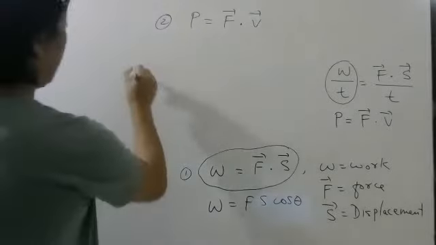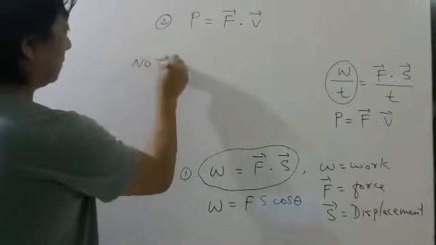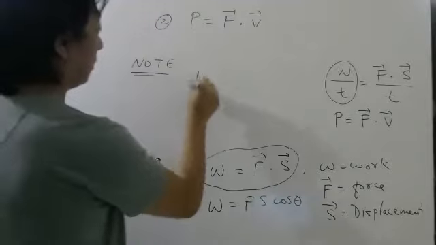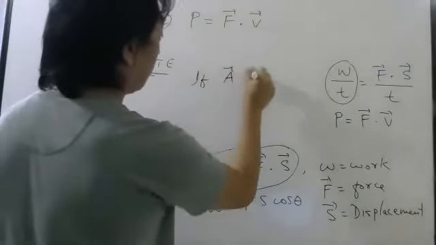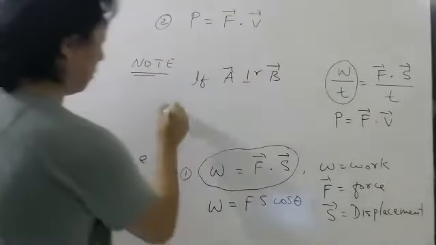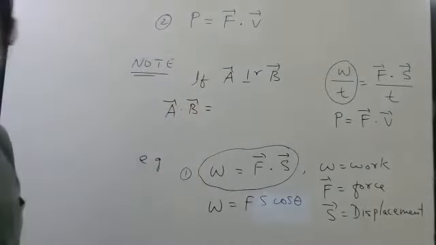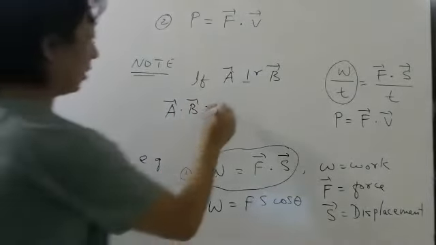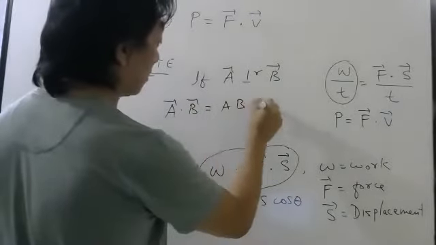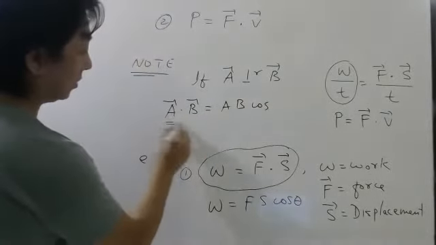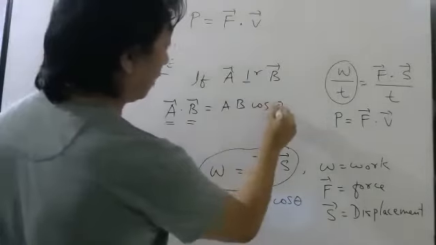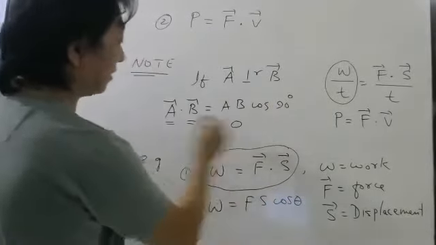Then one very important note I told you. If A bar is perpendicular to B bar, what will be the dot product? If two vectors are perpendicular, dot product will be AB cos of the angle between these two. Since it is perpendicular, the angle is 90, and cos 90 is 0.